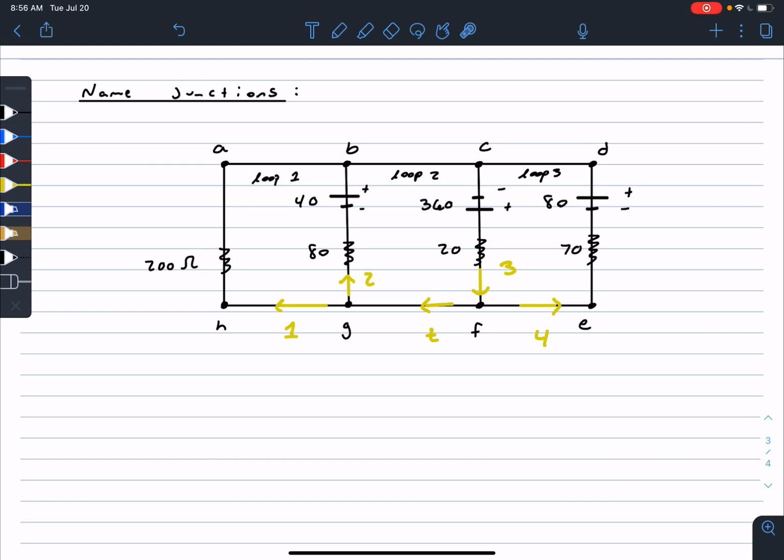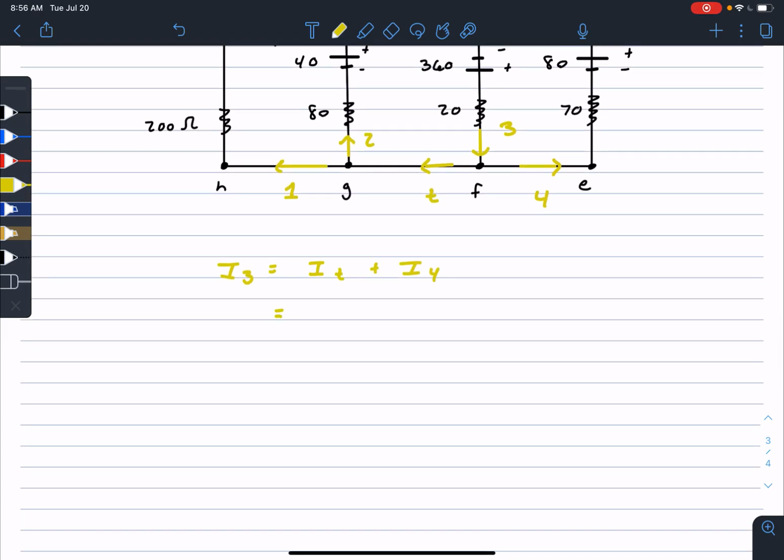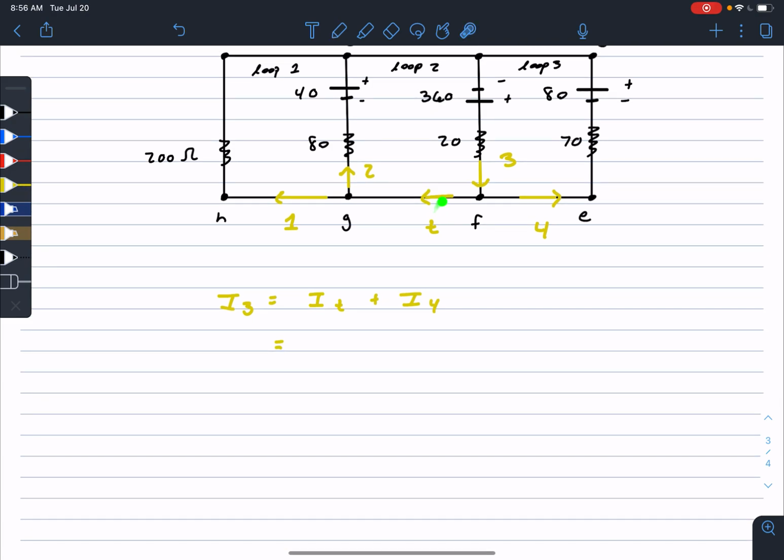Again, we started from the strongest battery and drove our current from there. So I3 is equal to T plus I4, where the temporary current is also going into this junction and equal to these two currents.